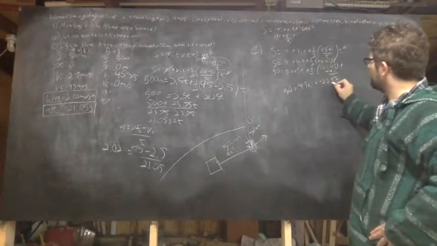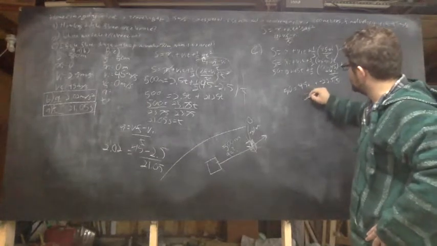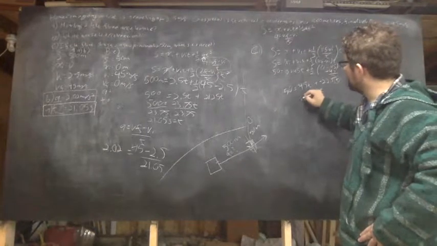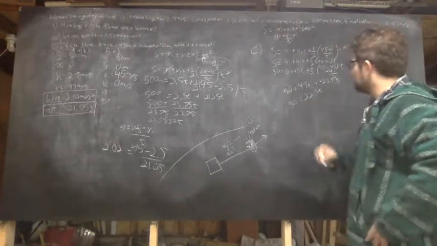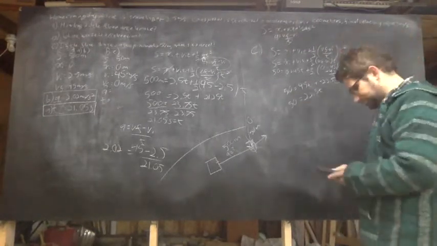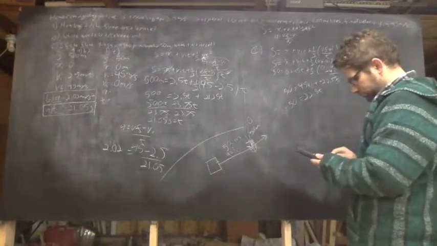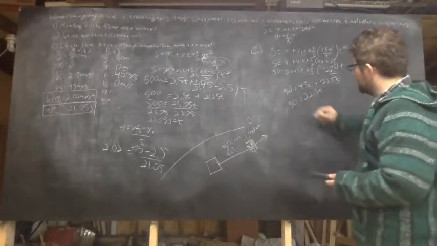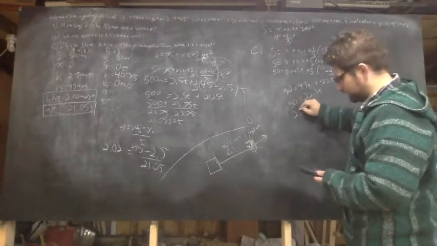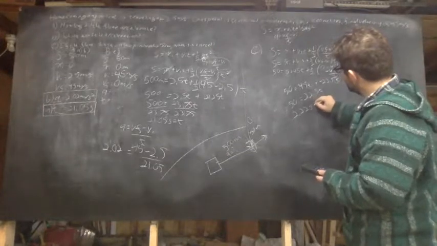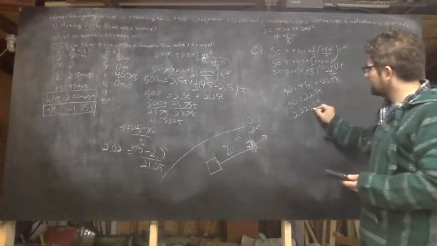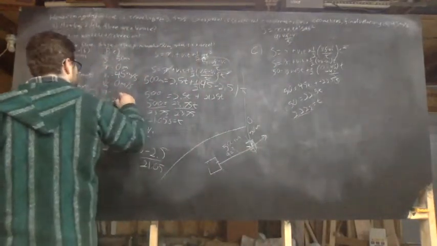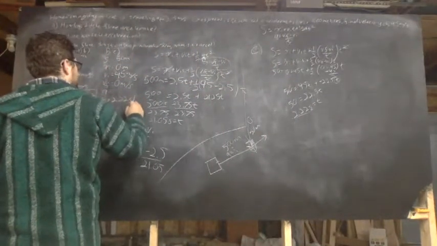Negative 22.5 is half of 45, so we're going to have a positive 22.5t equal 50. That's going to give us a result of 2.22 seconds. Now that is the correct sign on time, because it always has to be positive.